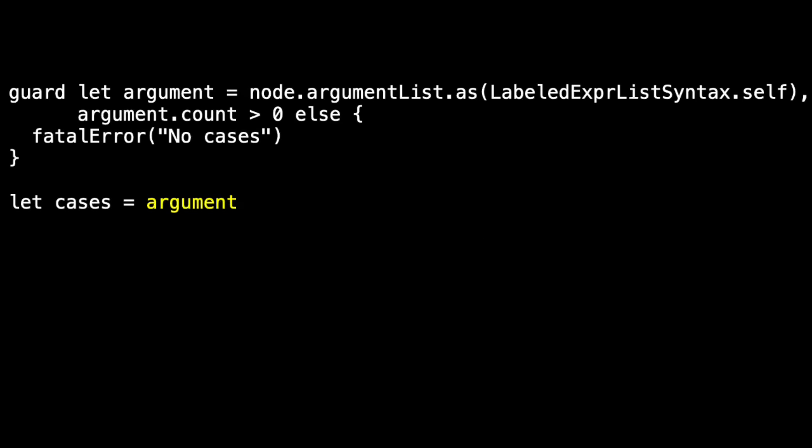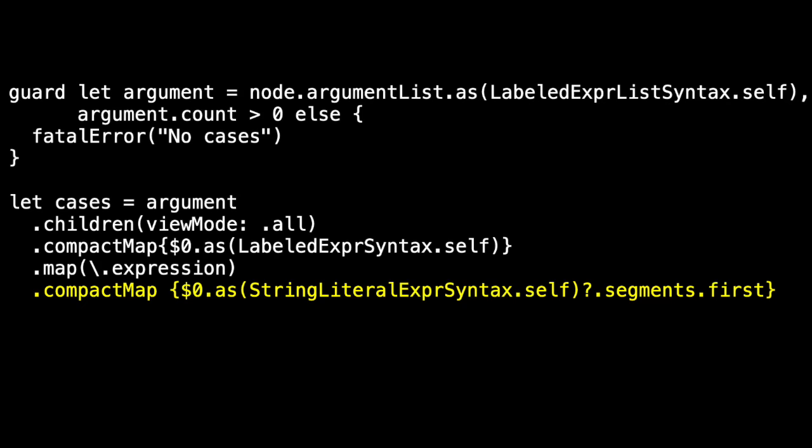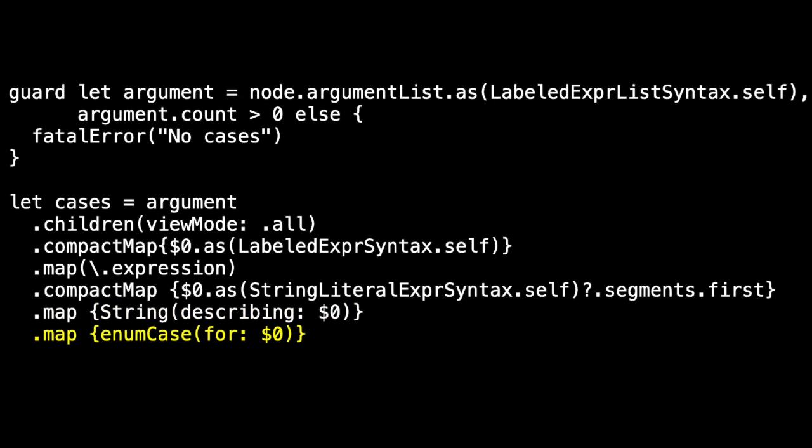If we're successful, let's go ahead and compute the cases. So let's extract the cases from the argument. For cases, we start with argument. We look at all the children that happen to be labeled expression syntax. We extract the expression from these, and we verify that these are string literal expression syntax. From these, we extract the actual string. Once we have the string, I have a helper method called enum cases for, and what it does is it takes circle and returns case circle equals the string circle.